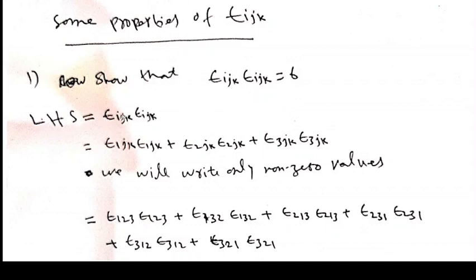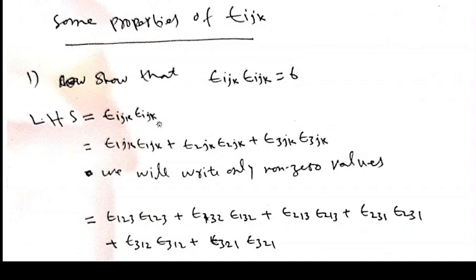Let us take the left hand side, and we can see that we have 3 dummy indices i, j and k. First we will expand i, then j, then k. It depends on you which index you expand first.